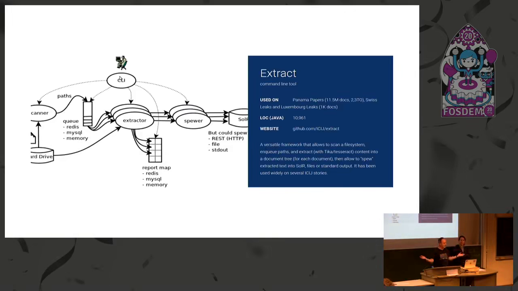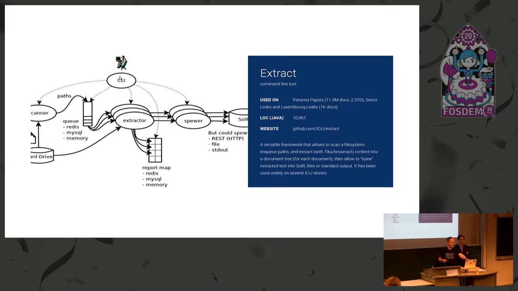Basically, it was scanning the file system. We received some leaks on a USB key or a hard drive or whatever, and then it scans the file system and puts all the paths in a shared queue. Then there are extractors based on Apache Tika that extract the text and feed a report map, to be able to see afterward which file has not been extracted correctly.